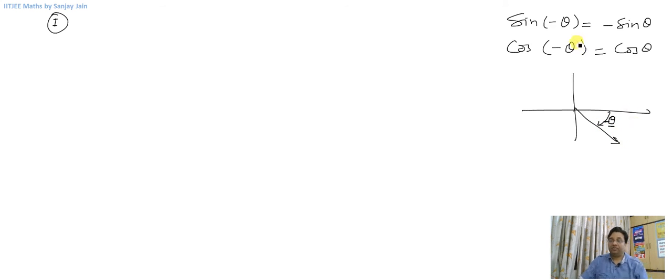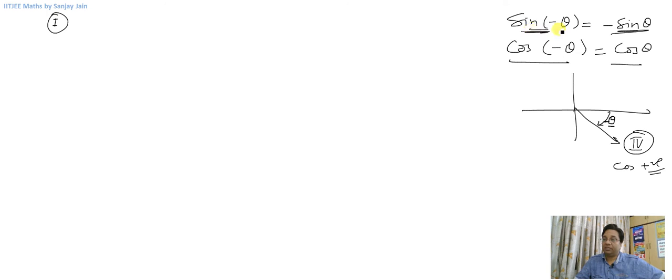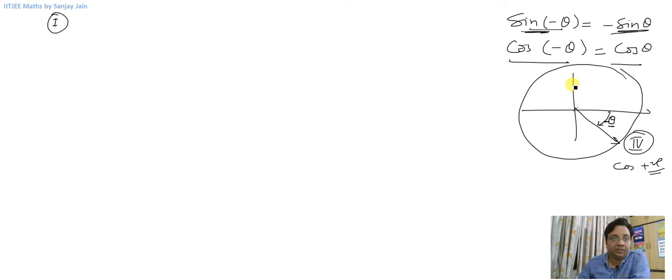So sine of minus theta is minus sine theta, because this is the fourth quadrant, where cos is positive. So cos of minus theta will be cos theta, sine of minus theta will be minus sine theta, and I have shown it using a unit circle also. This is something you should be comfortable with. If you are not, then I would advise you to go to the previous lectures and then come back to this one. This is something that we will use in this lecture.